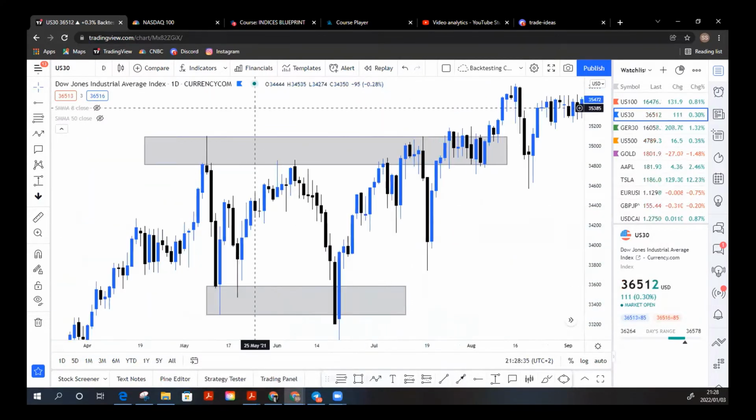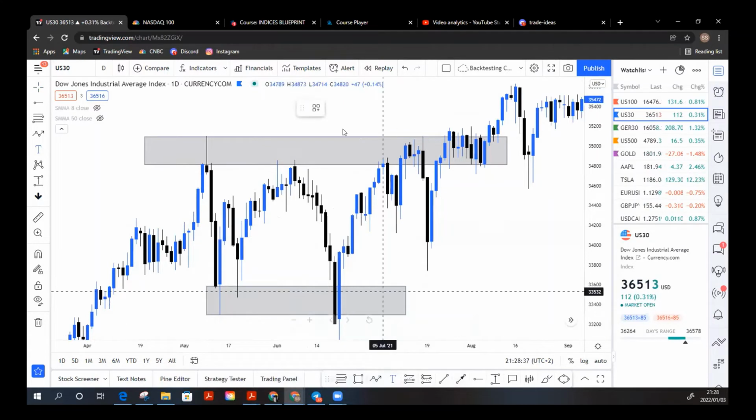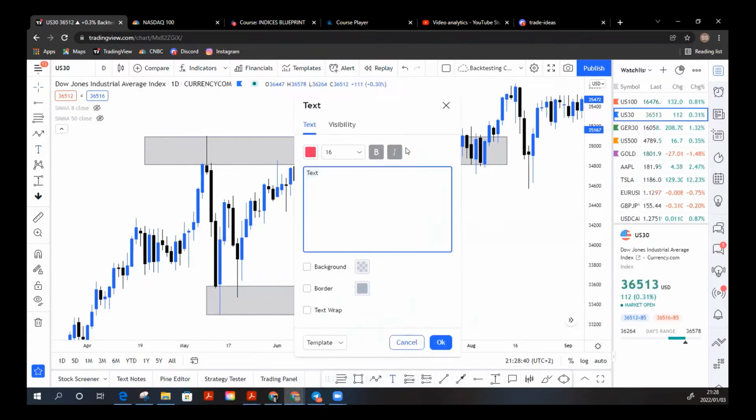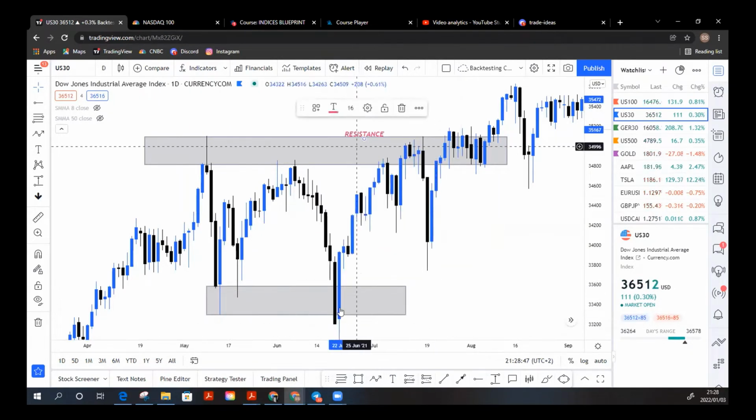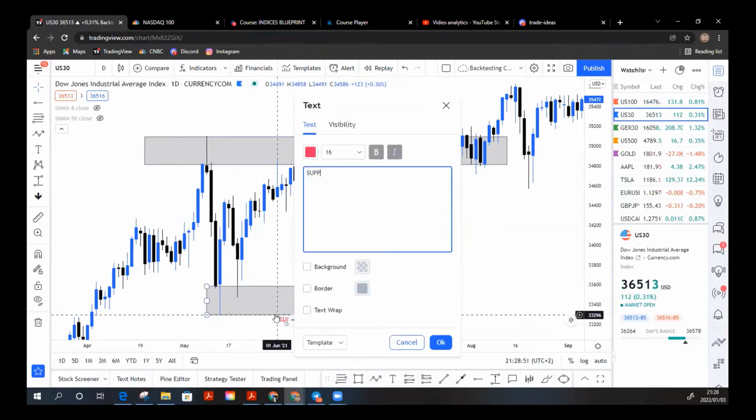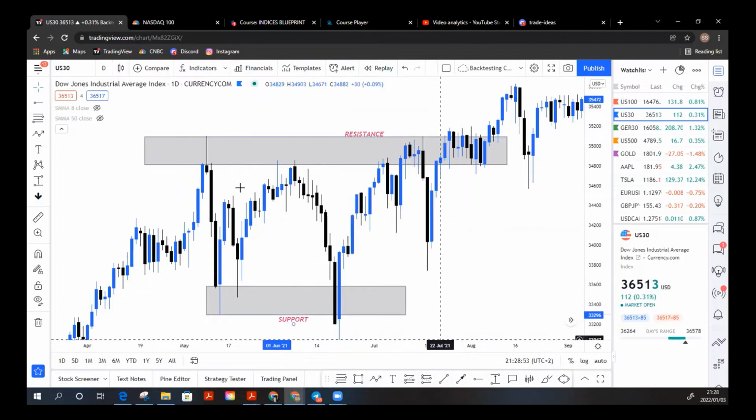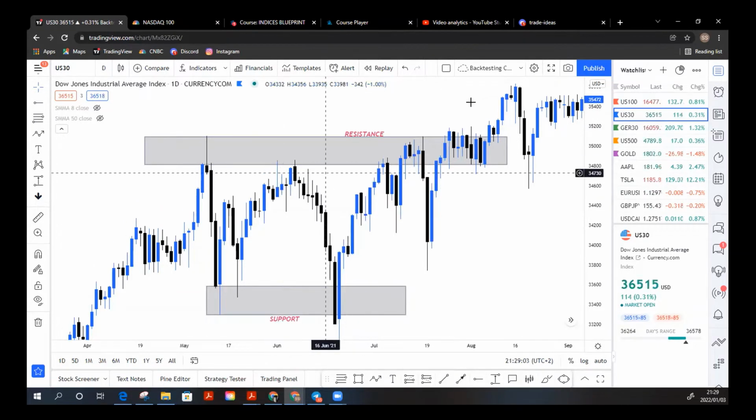That being a resistance, let's just put this quickly here. That's your resistance, and this one becomes a support down here. Okay, so that's support down here. Right, so now minor levels of support and resistance are levels that are in between these.